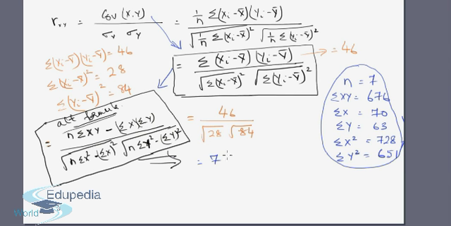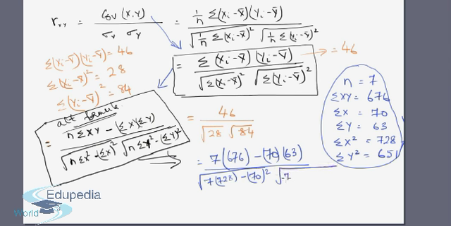So you have n equals 7 multiplied by summation x into y, which is 676, minus summation x, which is 70, multiplied by summation y, which is 63. And then that is to be divided by root under n, which is 7, times summation x square, which is 728, minus summation x is 70, so it would be 70 square.